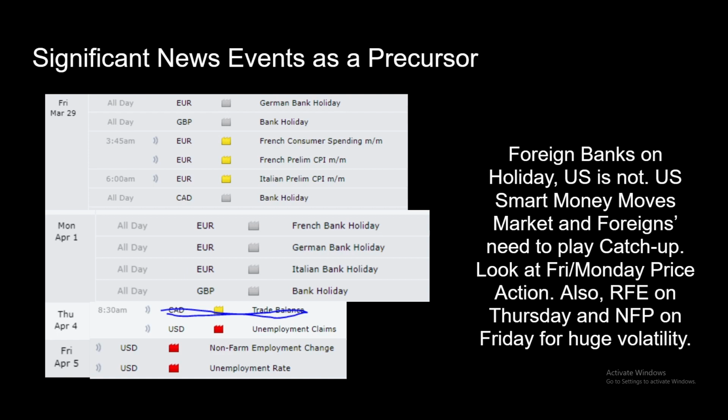So, in my perspective, I think smart money being out of the game from Germany, France, Italy, and Great Britain, or I guess England, I'm not sure what to call it, they needed to play catch up from Monday's overnight slash Tuesday's overnight trading, because you'll see on Tuesday that we had a significant drop overnight before the open.